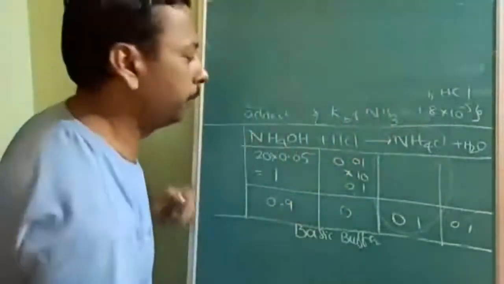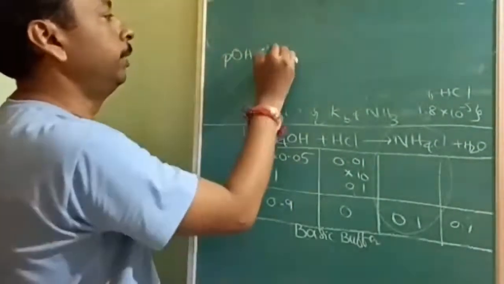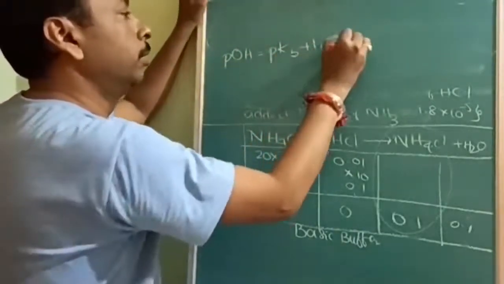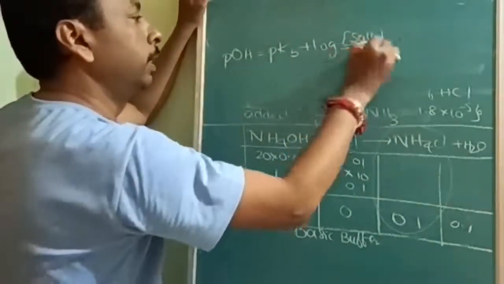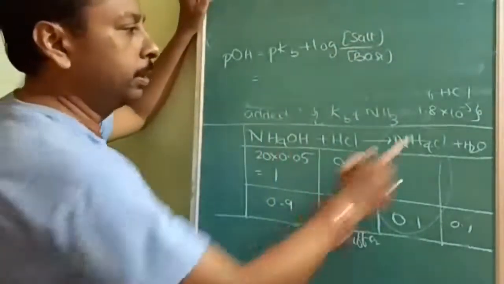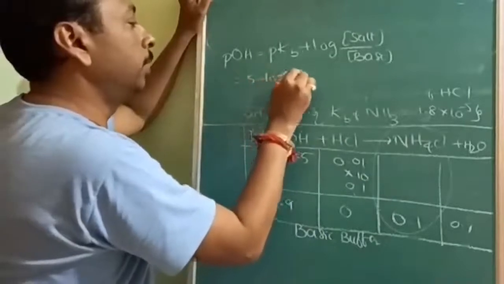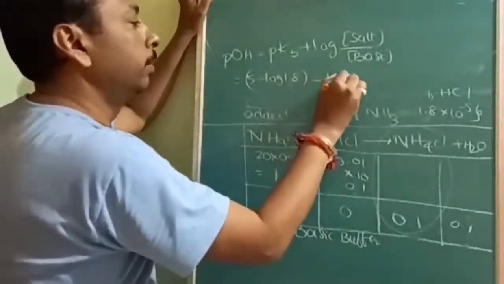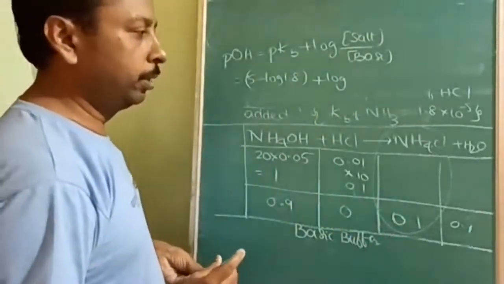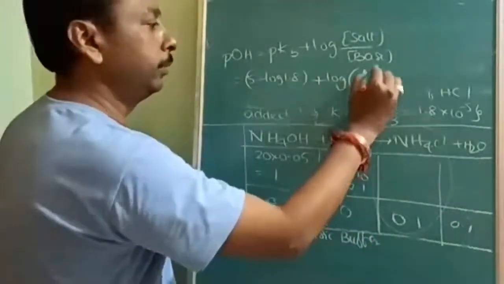Now should I erase this part so that I can write over here? Now pOH, Henderson equation for basic buffer: pOH is equal to pKb plus log of concentration of salt divided by concentration of base. So pKb is already given as 5 minus log 1.8. 5 minus log 1.8 plus concentration of salt. Don't worry about the volume because both will have common volumes, 1 by 9.